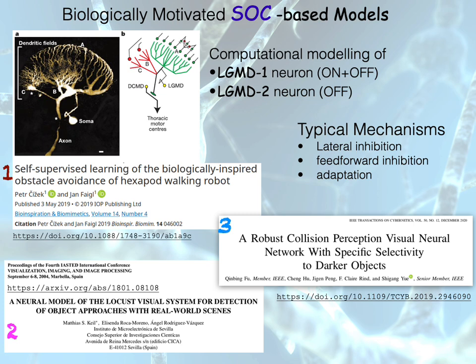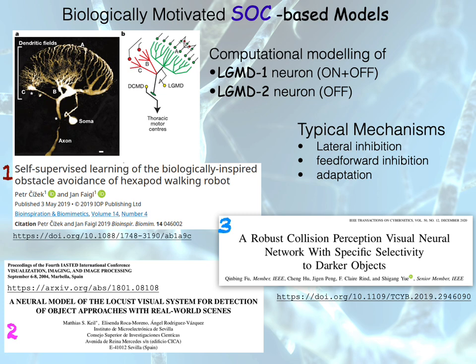An image of the LGMD is shown on the top. It looks sort of like a mushroom, doesn't it? Well, the cap represents the dendritic field, where the neuron receives its input from. So you can imagine that the dendrite is connected to the pixels of an image. And then it sums all this information and transmits it to the cell body or soma.